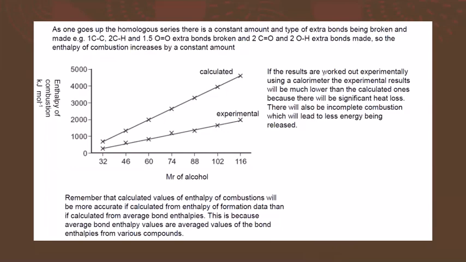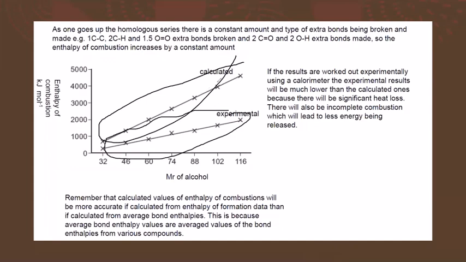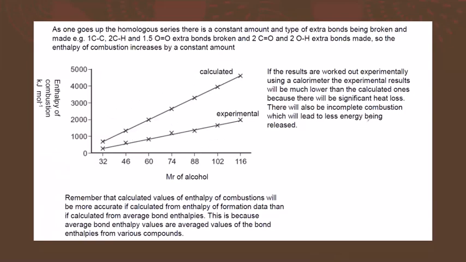If the results are worked out experimentally using a calorimeter, the experimental results are much lower. When we find the combustion using a calorimeter and compare with the calculation by this method, we get a higher value than experimentally. This is because there is incomplete combustion.